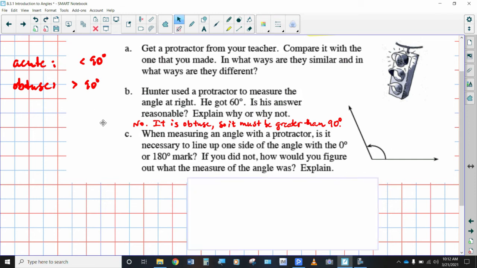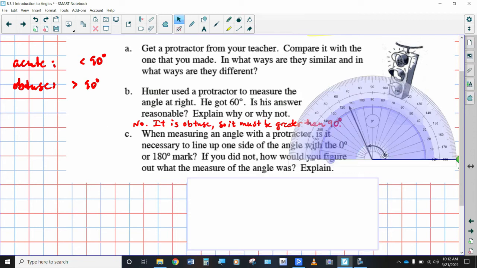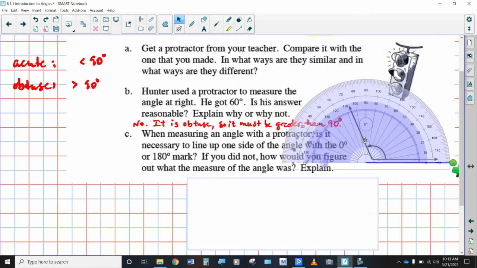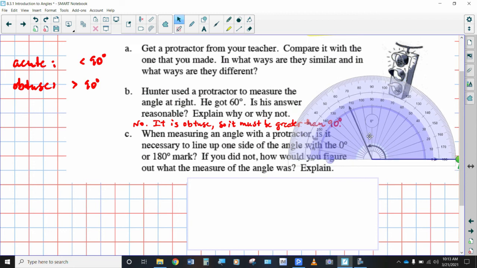But actually, let me go back here again. This is the key part. This part of your protractor is called the origin. That has to go on the vertex. And then one of your rays has to line up perfectly with the 0. So once you've got your protractor set up, then you can read it appropriately.